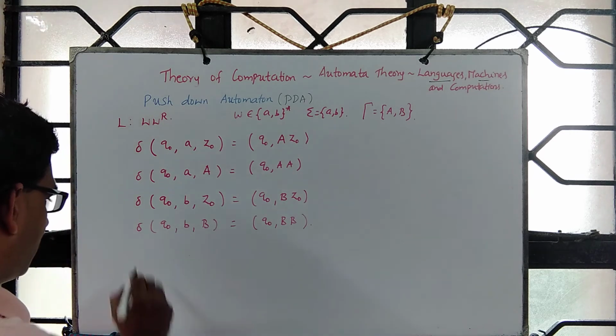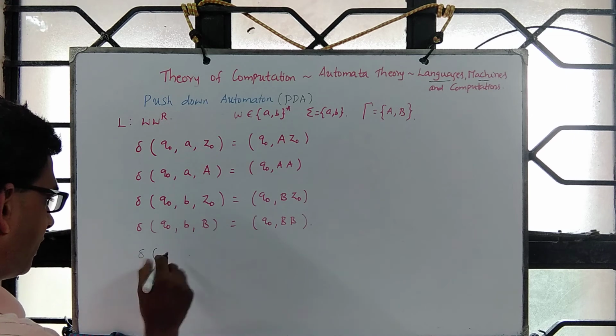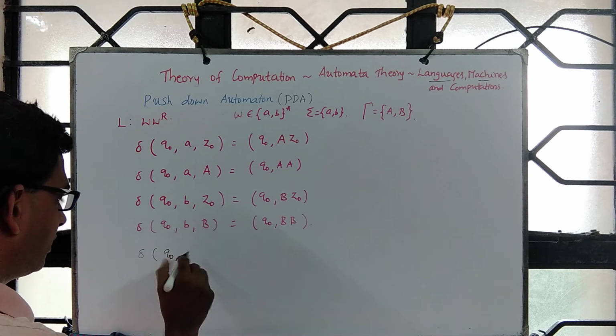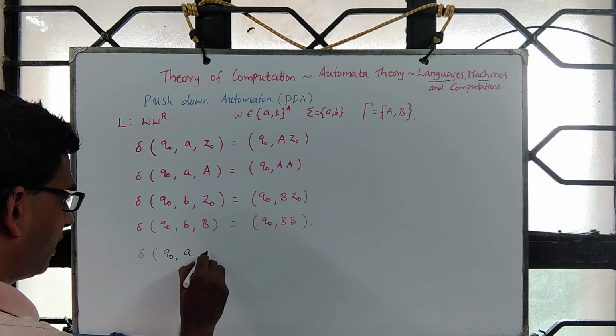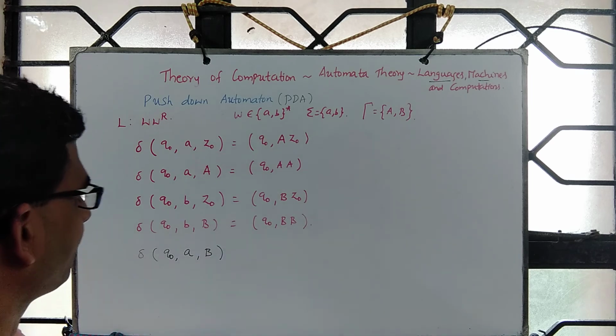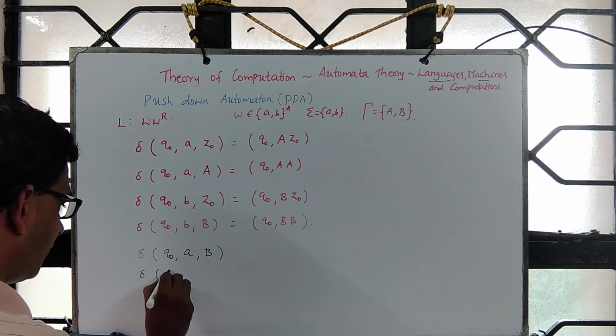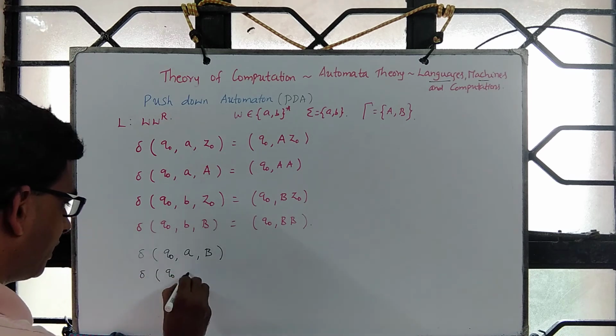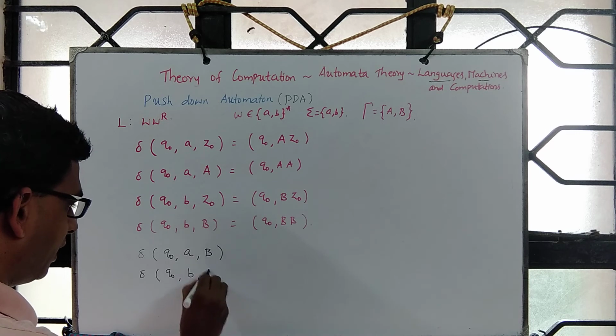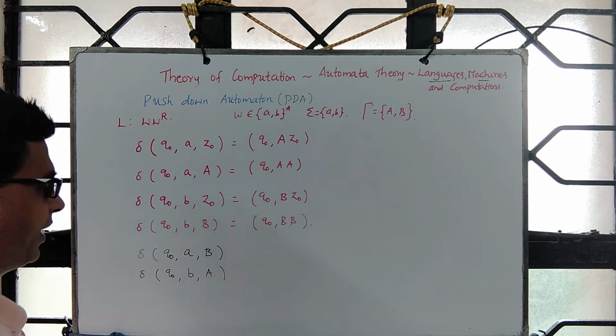So delta of Q naught comma A, where the top symbol is B. And delta of Q naught comma B, where the top symbol is A.